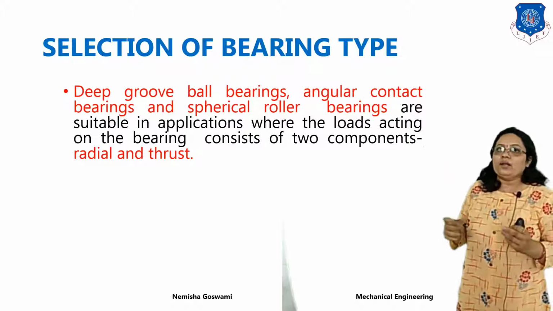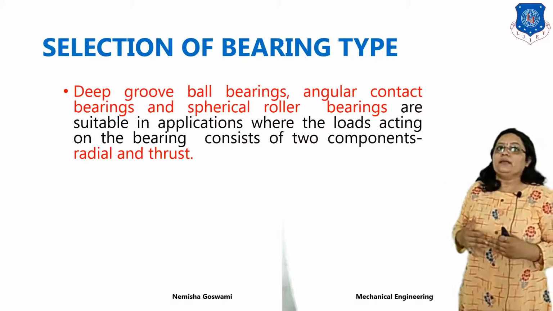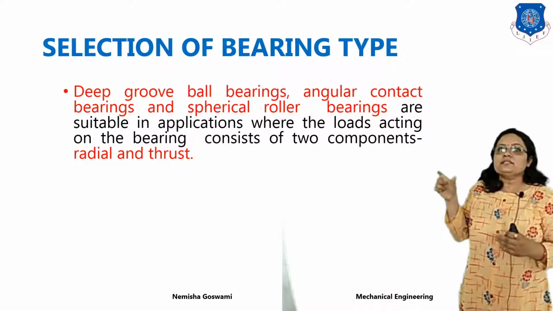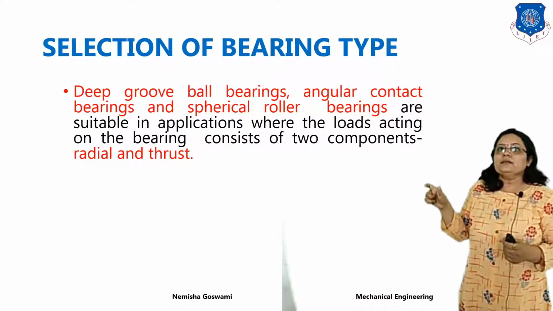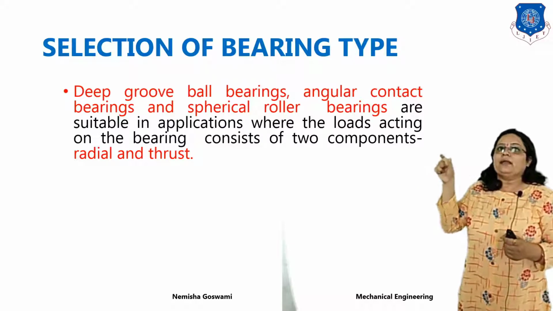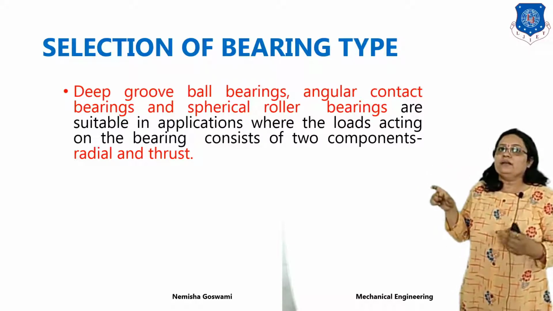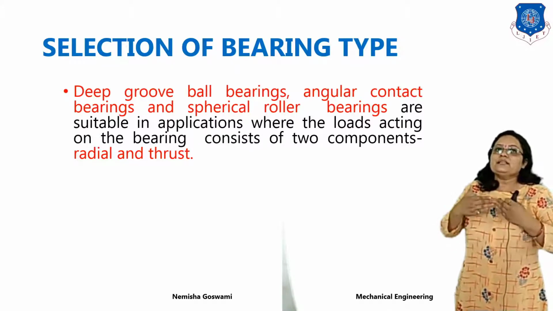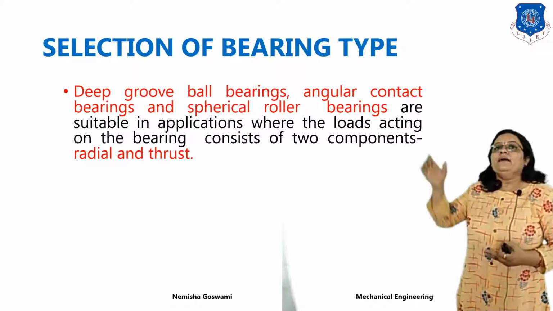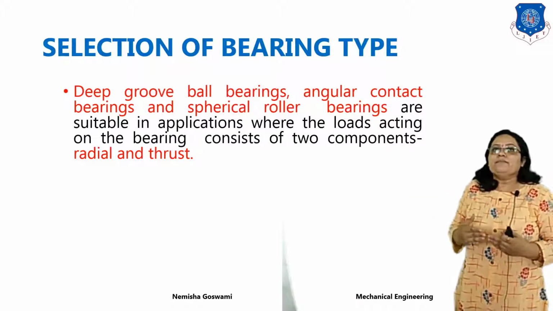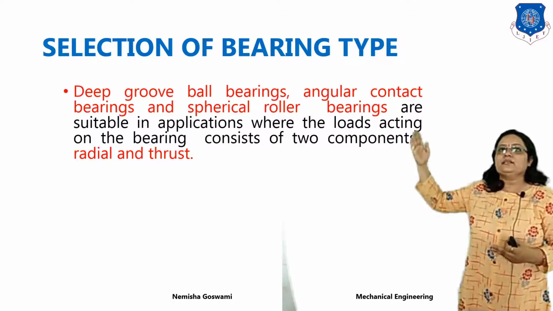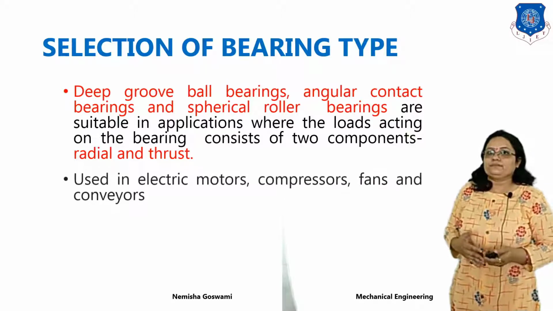Deep groove ball bearings and angular contact bearings are used where the load acting on the bearing consists of two components, meaning both radial as well as thrust loads are acting at one place. On that basis these bearings are used.